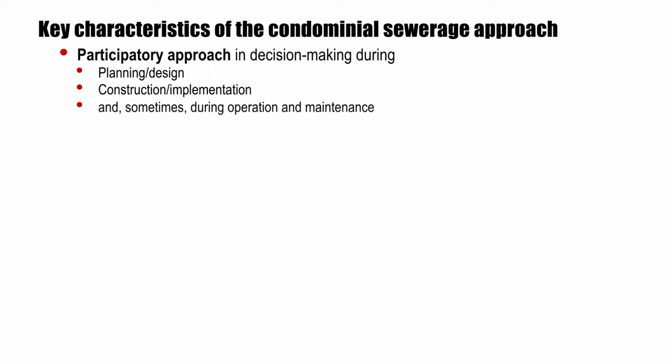The condominial approach features several key characteristics that distinguish it from the implementation of conventional sewerage interventions. One key difference is the participatory approach adopted during the design and implementation of the condominial sewers and sometimes during the operation and maintenance as well.